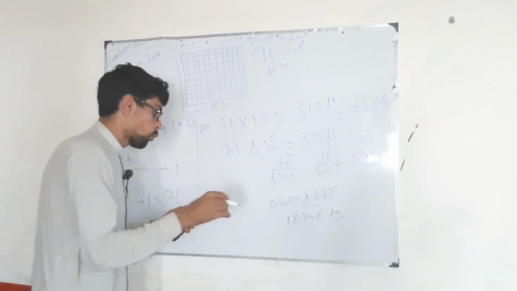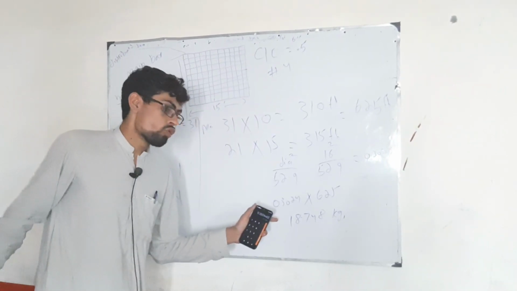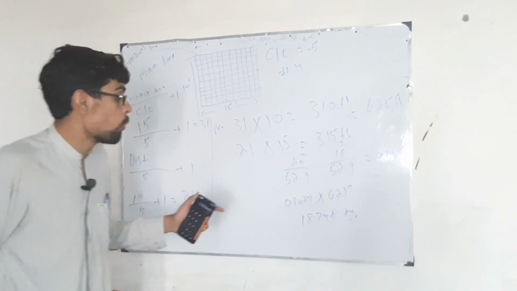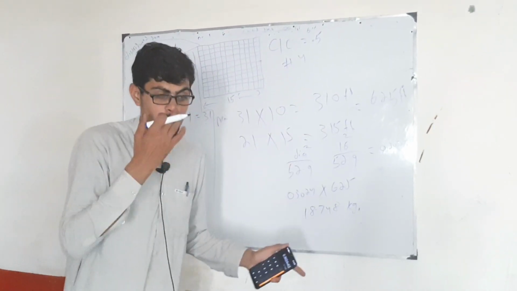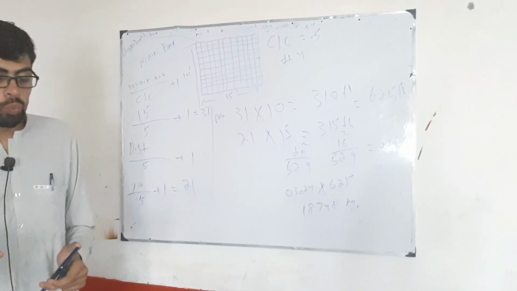If we want to convert that into tons, we divide by 1000, because 1000 kg makes one ton.